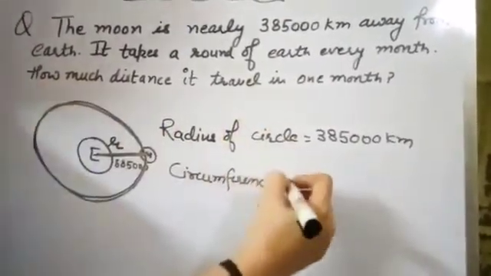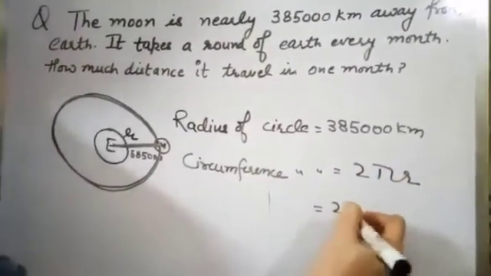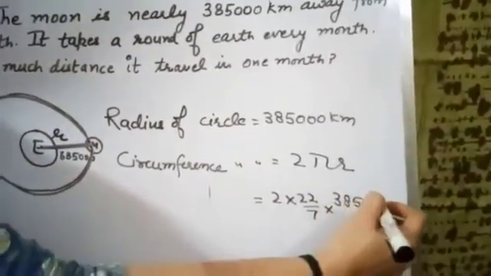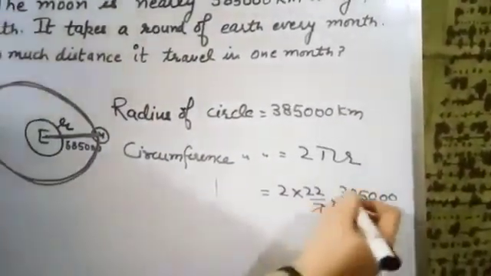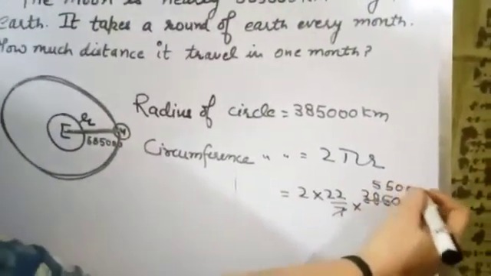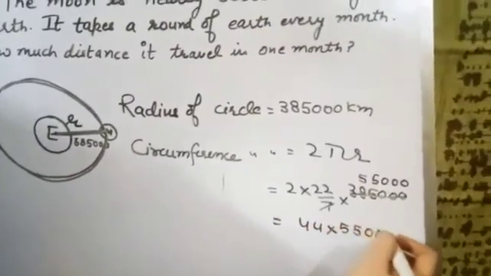Now we have to find the circumference, because circumference is the distance covered in one complete round. Circumference of this circle is 2 pi r, 2 into 22/7 into 3,85,000. 7 5s are 35. 3 7 5s are 35. 44 into 55,000.